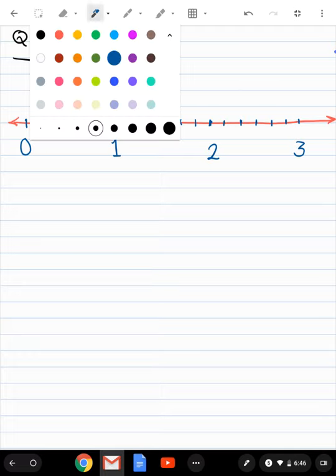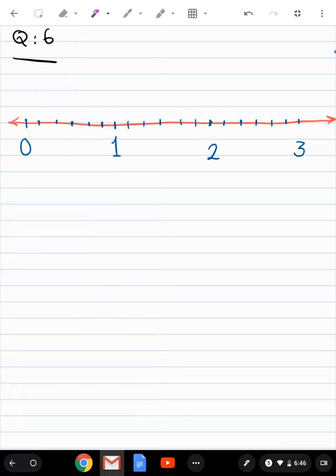Now, these parts: the first at 0 will be 0 out of 6. Then the next dash will be 1 out of 6. Then 2 out of 6. When we reach the 1, this represents 6 out of 6.